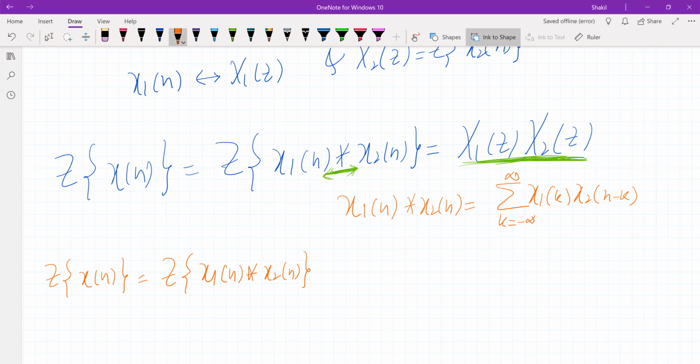So this is how we define the convolution.